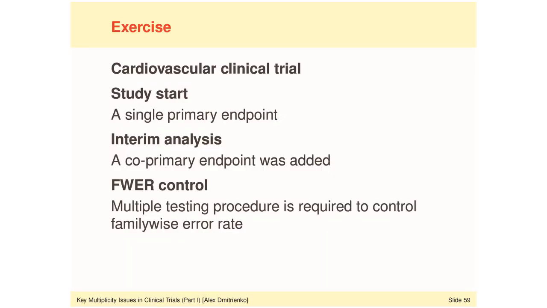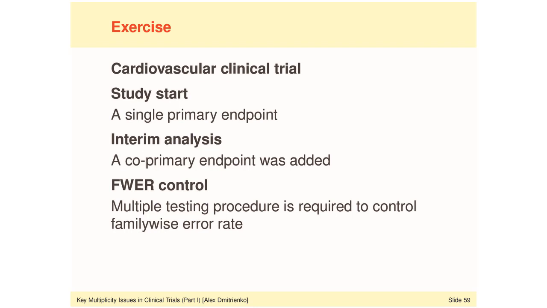Now, let us do a quick exercise. We're going to consider a large clinical trial that was conducted to study the effect of an experimental therapy on a single cardiovascular primary endpoint, and then an interim analysis was performed to examine the efficacy and safety properties of this new treatment, and the trial sponsor discovered that this treatment had a beneficial effect on another important outcome variable.